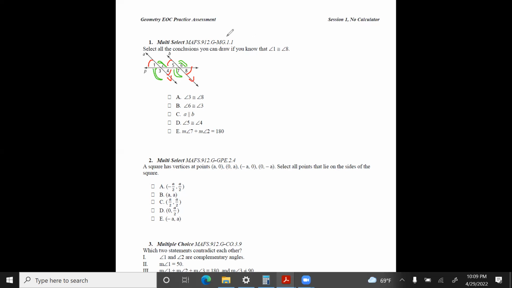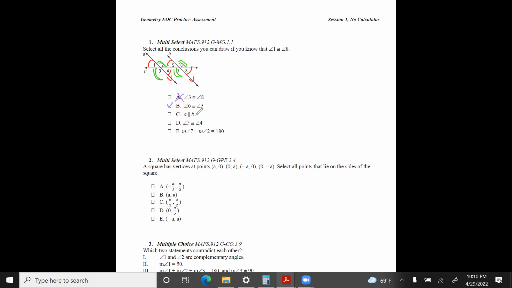Looking through those answer choices, for A, we have angle 3 and angle 8. One's obtuse, one's acute. That doesn't work. For B, angle 6 and angle 3 are congruent. Both of them are obtuse, and I have them labeled as congruent. That one works.